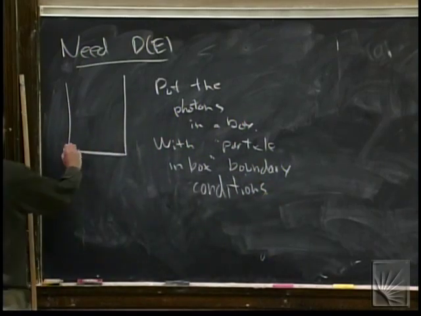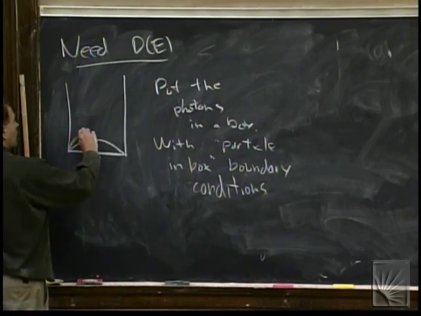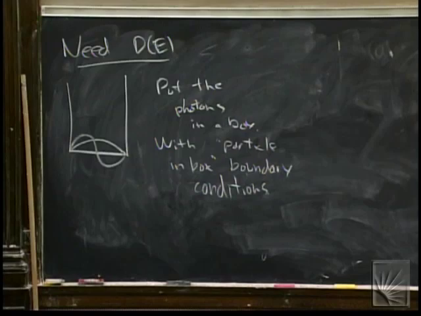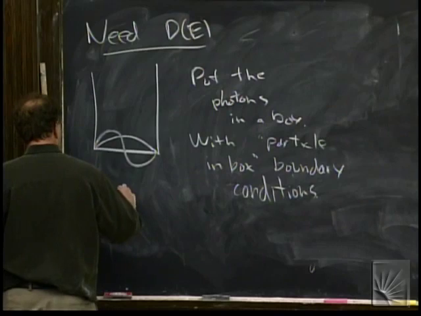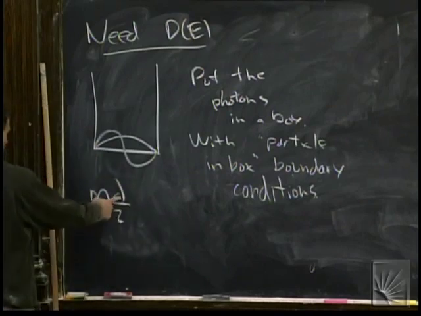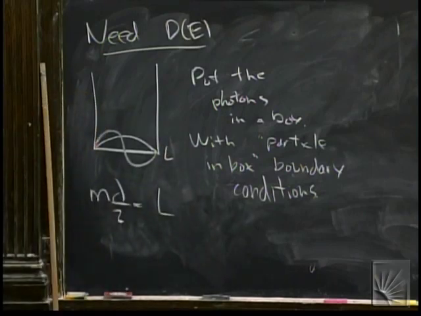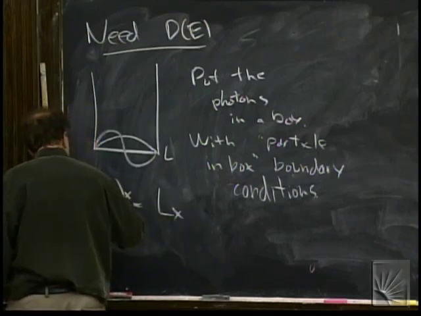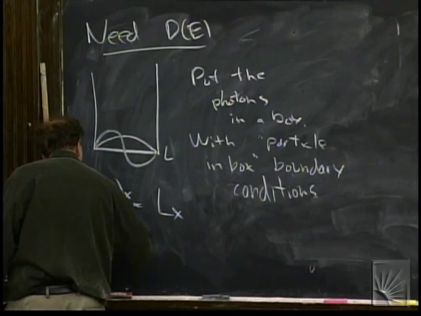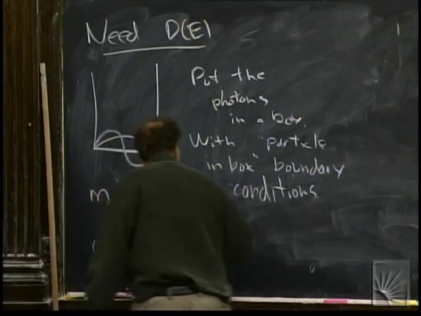That is to say, I'll make the photon fit in the box exactly: a half wavelength, or a whole wavelength, etc. That is to say, I'm going to make m lambda over 2, so half waves, some number of them, equal L, where that's some box size. I'll do it in x, this is an m sub x. I'll do it in y. And I'll do it in z.